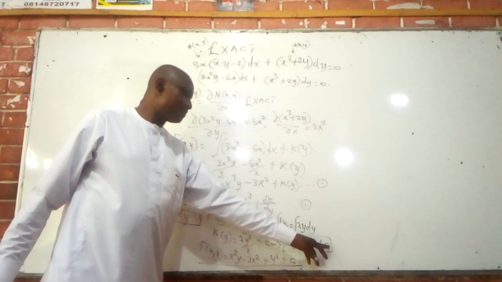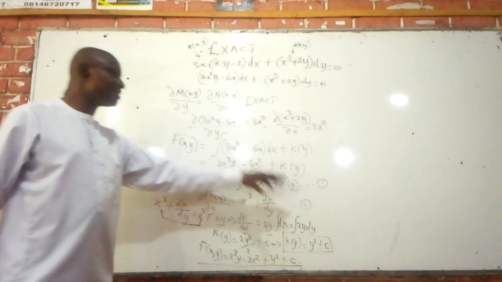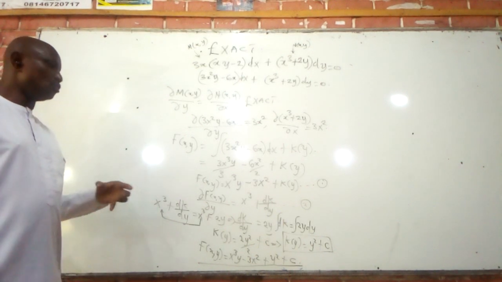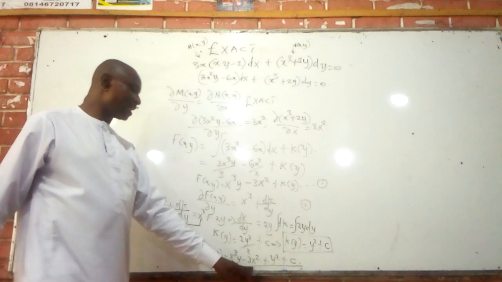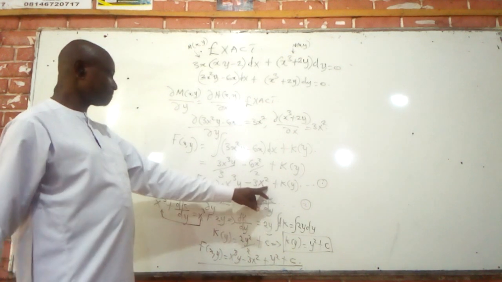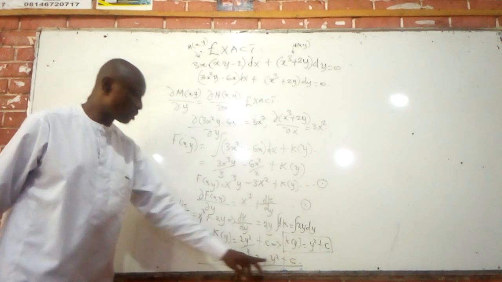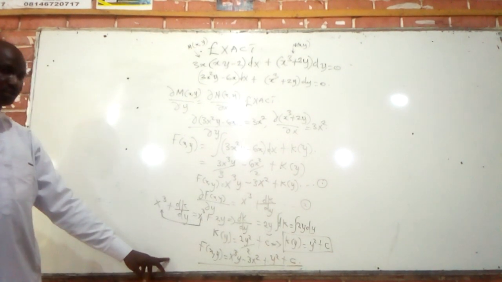This y² plus arbitrary constant c is inserted into equation 1 to get the exact equation solution, f(x,y) = x³y − 3x², which is here. Now the k function of y that you have solved for is added, which is y² + c. That is the entire solution. Take note.